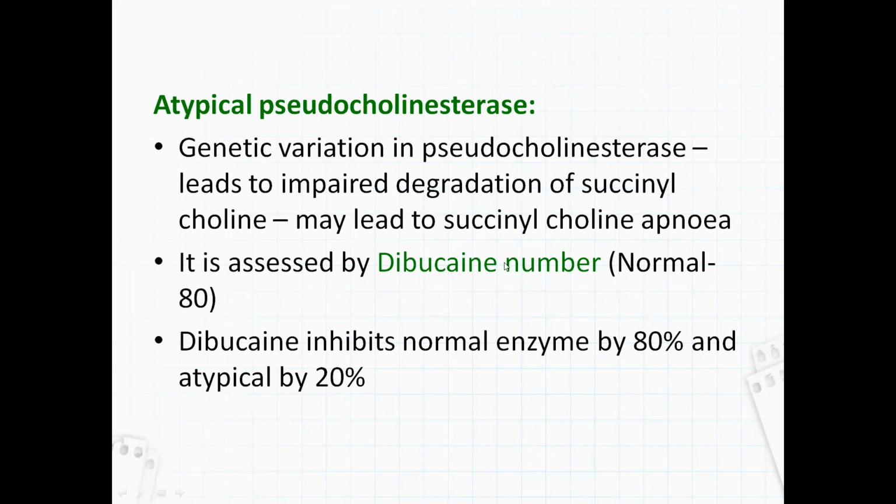Dibucaine is a local anesthetic. It normally inhibits the normal enzyme, the normal pseudocholinesterase, by 80% and the atypical by 20%. But when the Dibucaine number is assessed, if it is less than 80%, then it should be checked.